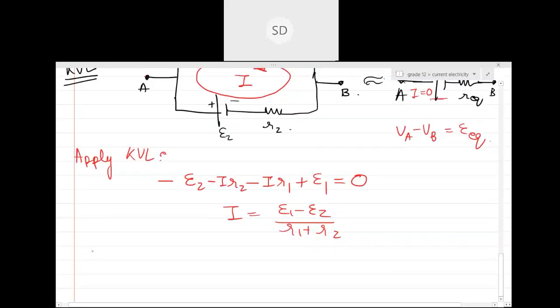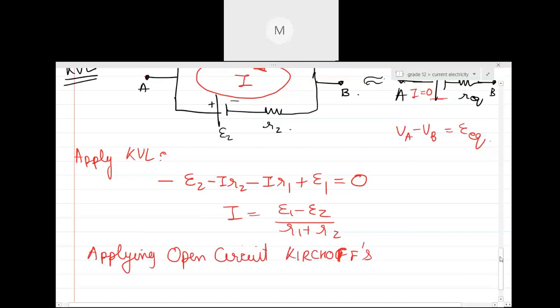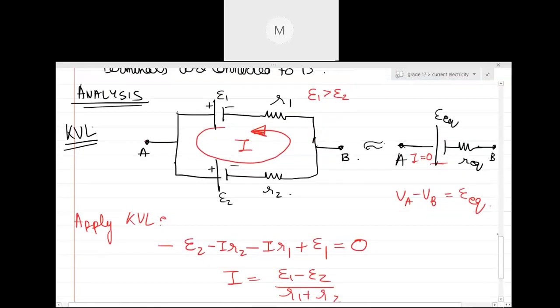Which part do you want me to take? Do you want me to follow the upper part or the lower part, applying open circuit Kirchhoff? Anything is fine. So we can use open circuit in school also.